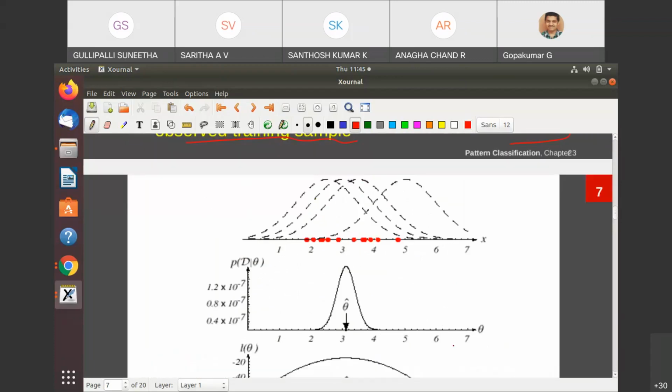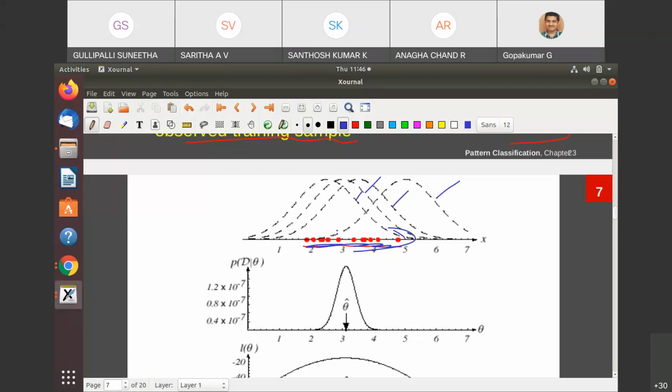Ultimately what we are looking for is the probability density function from which we might have independently drawn these samples. Each of these dotted lines represents a different possible probability density that might have generated these samples.